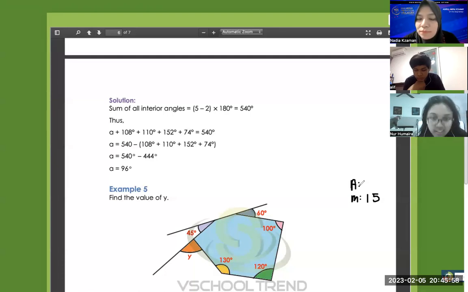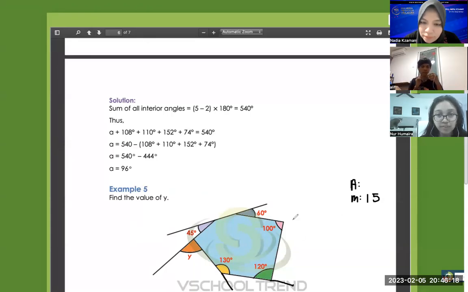I calculate the exterior angle for everything, and then I plus it together, and that equals to 345. And I minus 360 with 345, and that left 15.